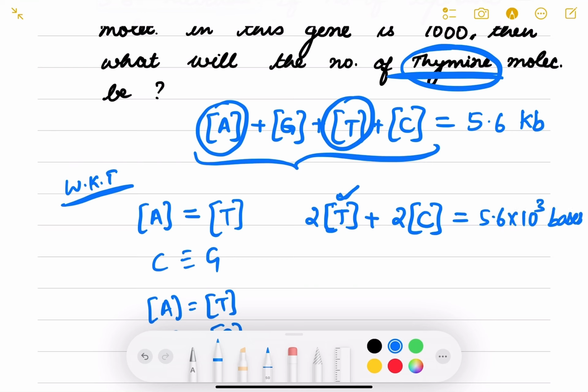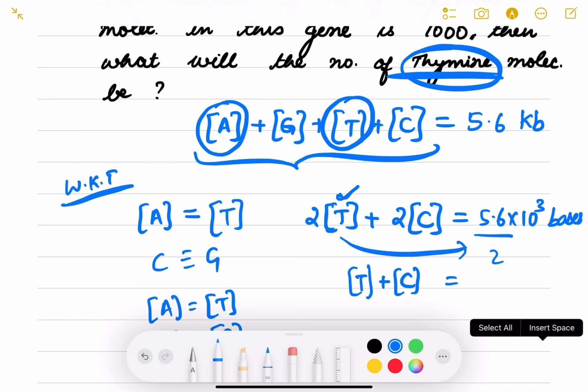Convert kilobases to bases. Now, 2 is common, so I'm going to divide 5.6 by 2, and I get 2.8 into 10 power 3.